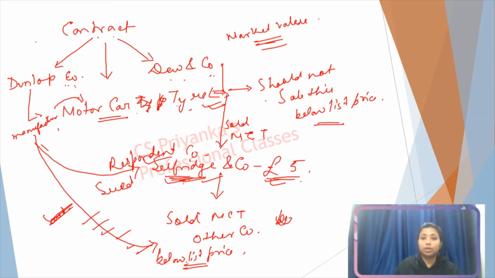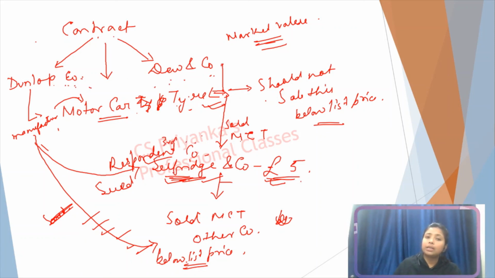Got it? Because to file a case, you should have the evidence. The contract was between Dunlop and Dew, and Dew has not done any breach of that contract. Dew has followed it. While Dew sold the thing, it was not below the list price. So Dew has not done anything. The contract was between these two parties, and this is the third party.